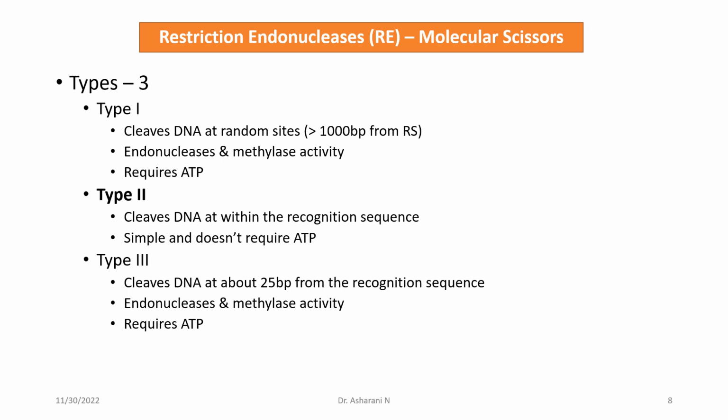Coming to type 3, they cleave DNA about 25 base pairs from the recognition sequence, and like type 1, have endonuclease and methylase activity and require ATP. So these are the types of restriction endonucleases, and for recombinant DNA technology, the preferred type is type 2.